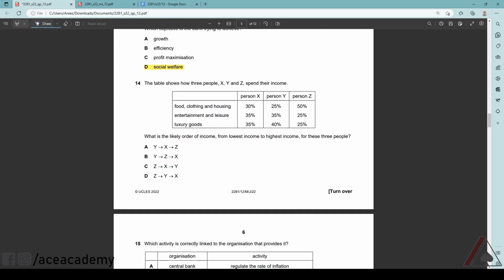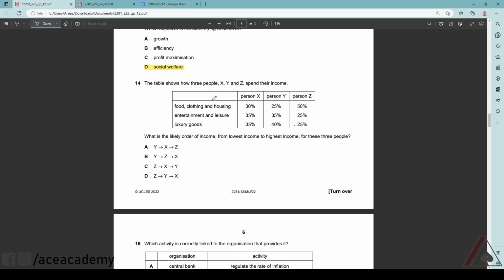This is a very simple, almost fun sort of MCQ to solve, right? If somebody has the lowest income, they're going to be spending the least amount of money on luxury goods. So person X is spending 35%, person Y is spending 40%, and person Z is spending only 25%. So it's safe to say that person Z has the lowest income.